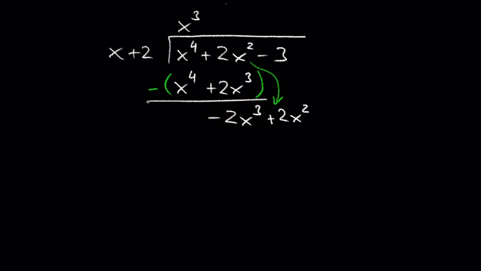Negative 2x cubed divided by x is negative 2x squared. Negative 2x squared times x is negative 2x cubed, and negative 2x squared times 2 is negative 4x squared.